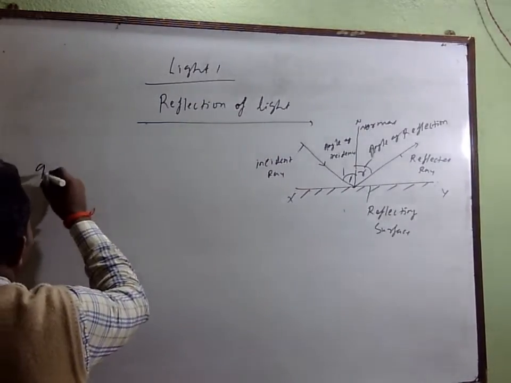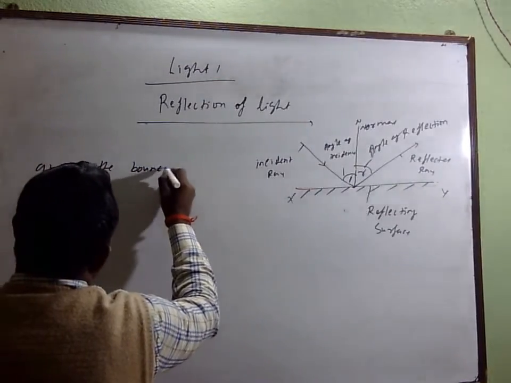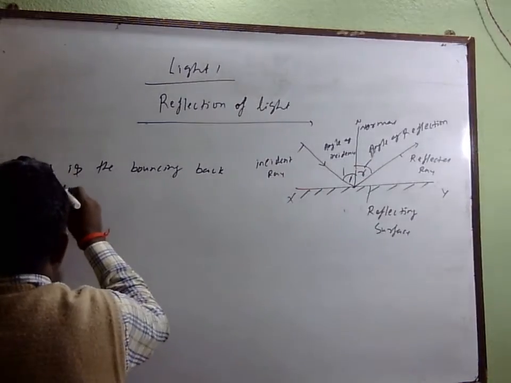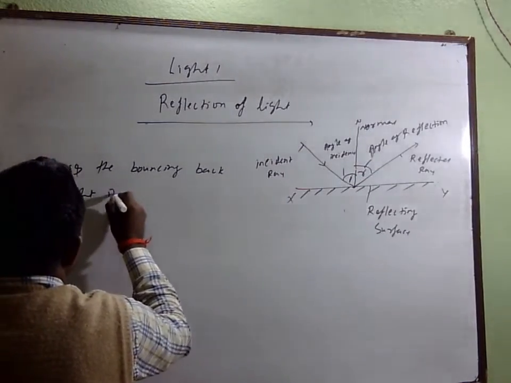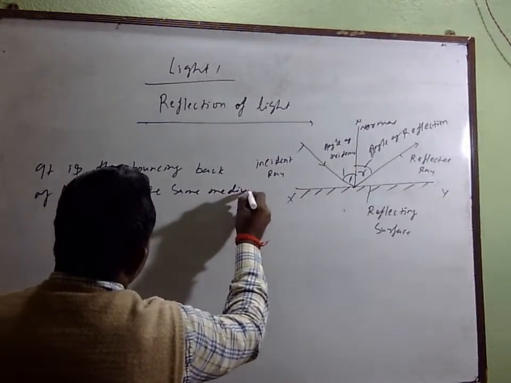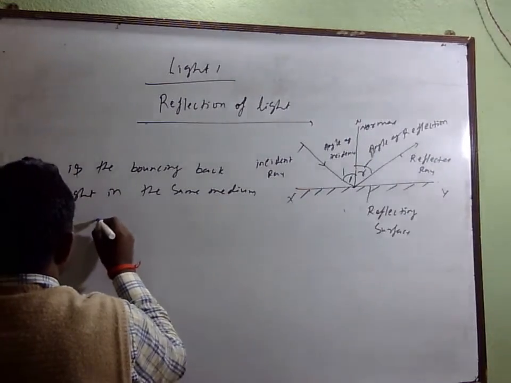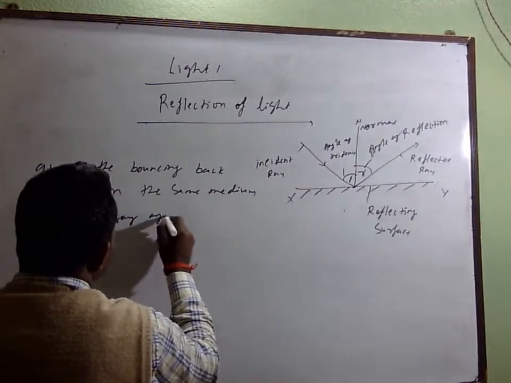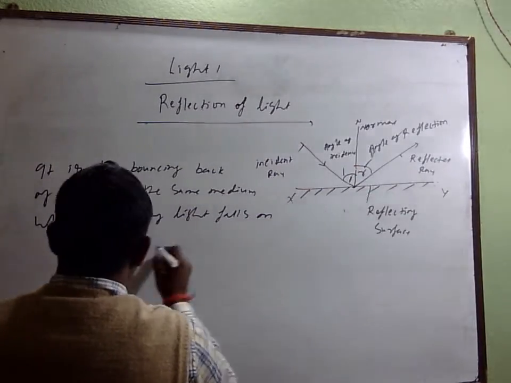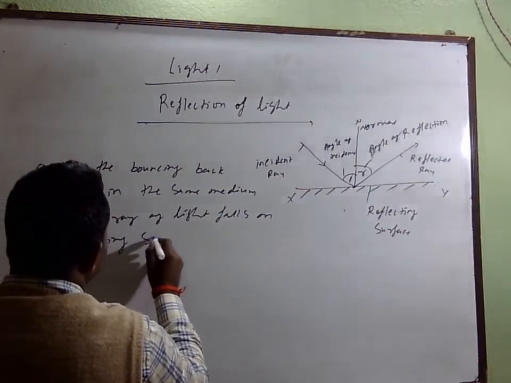You can write it is the bouncing back of light in the same medium when a ray of light falls on a reflecting surface.